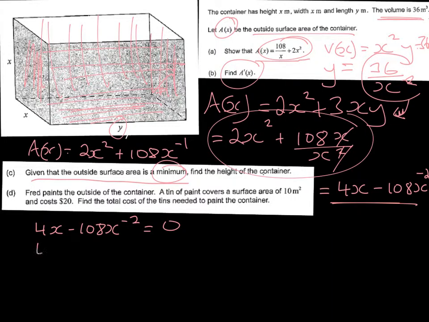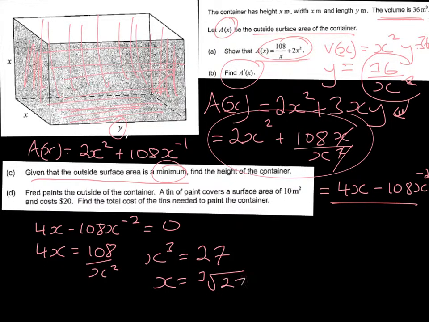That means 4x is equal to 108x to the minus 2, which we can write as 108 over x squared. Rearranging, x cubed is going to be equal to 108 over 4, which gives us 27. So x is going to equal the cube root of 27, which equals 3.